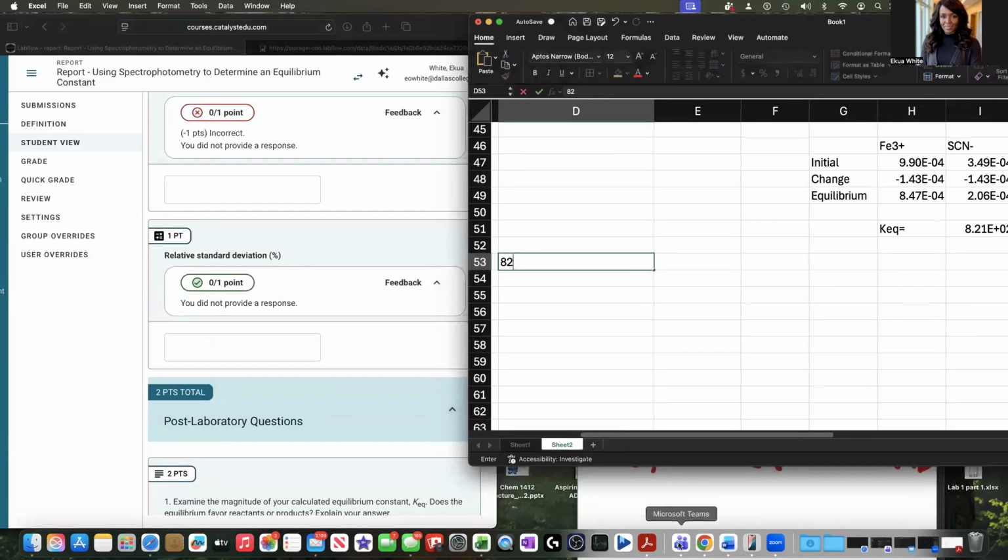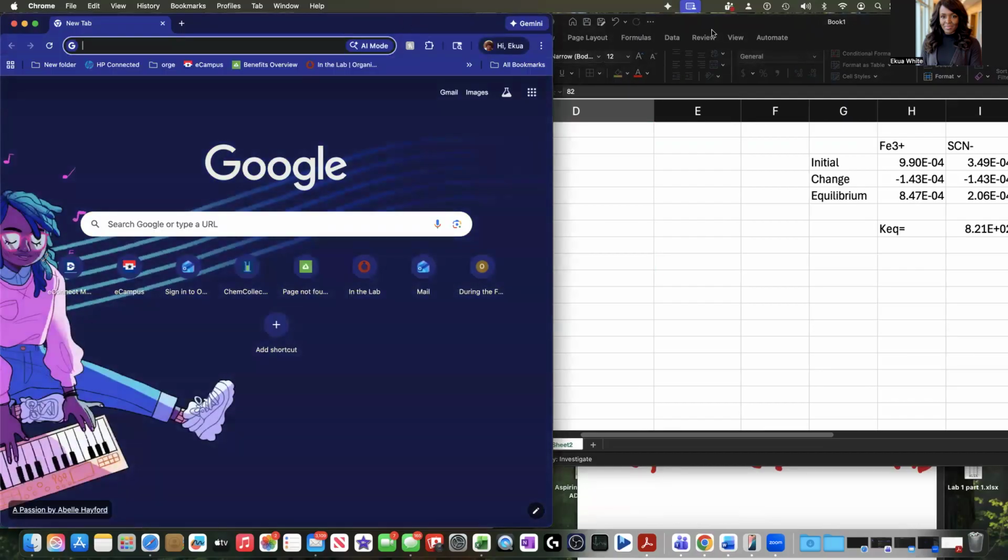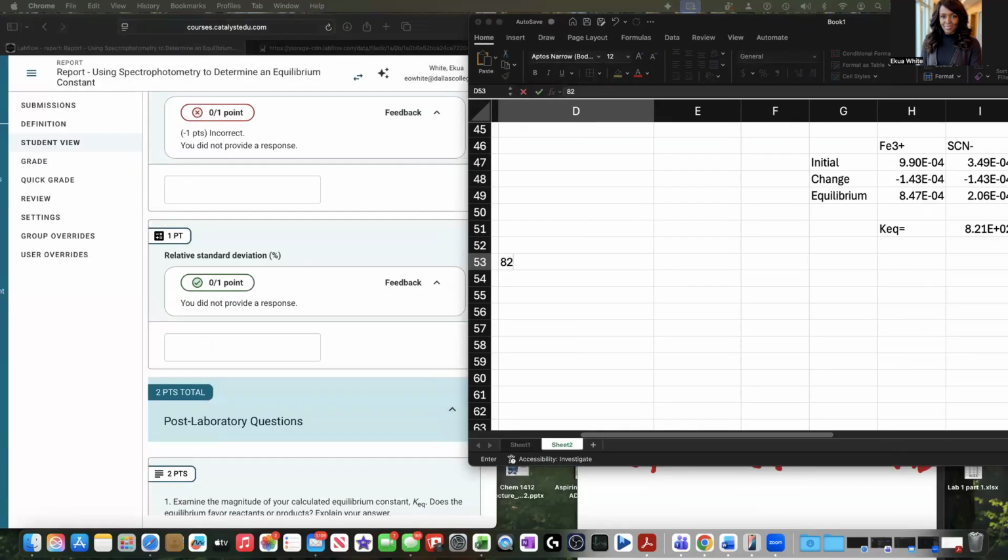Okay. Let me see. Let me find a quick standard deviation. Standard deviation formula. Okay, hold on.